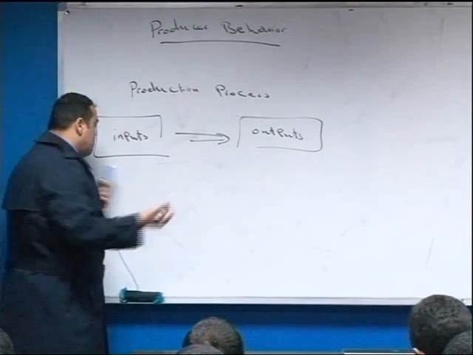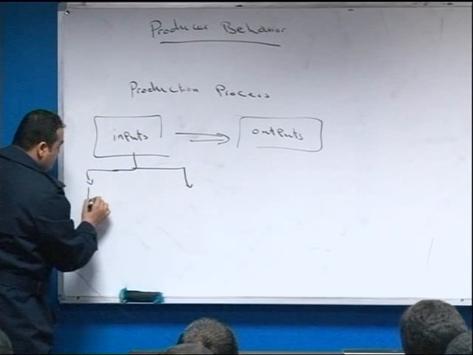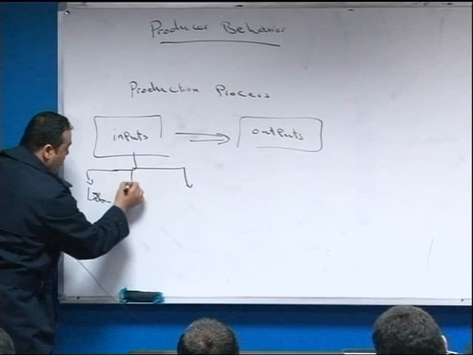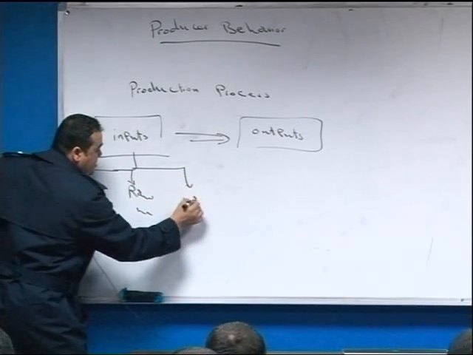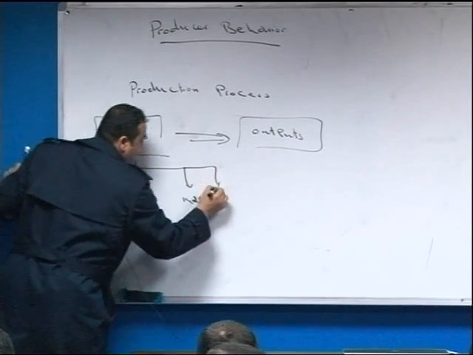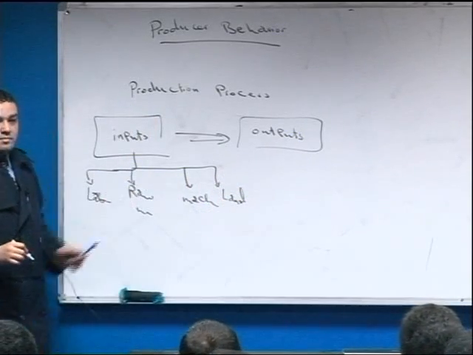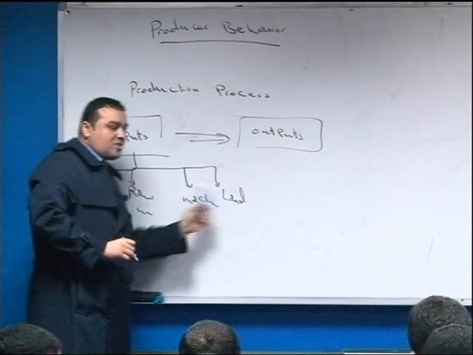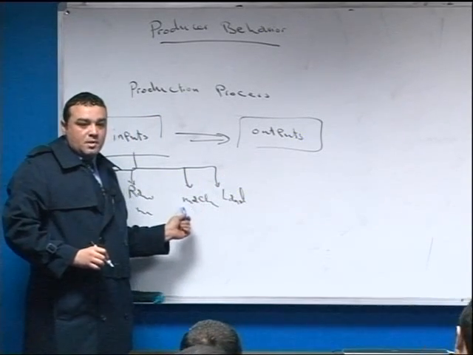Inputs may include labor, raw materials, machines, capital, land, and so on. All these factors are called inputs in the production process.